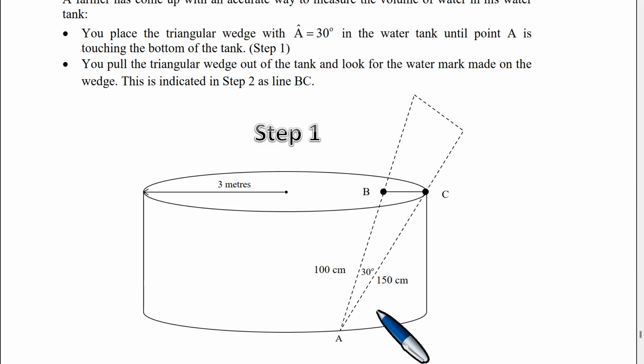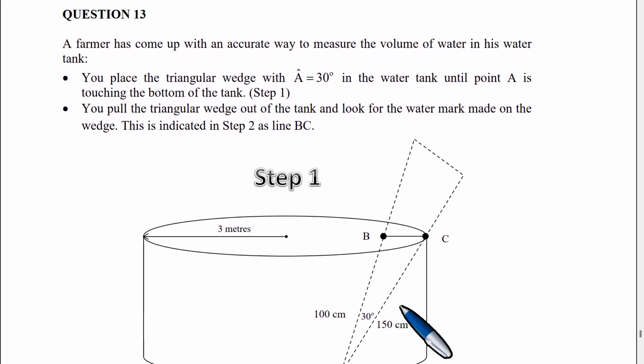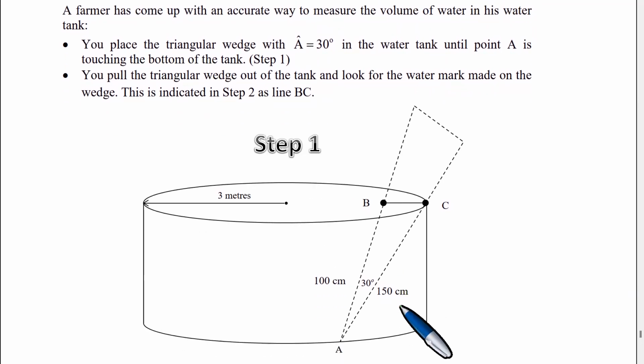Let me know, please, when you're done. If you need more information, I can show the bottom figure. Want to know the volume of water in this water tank. How much water is here with this method? Because you can see the water is reaching BC, because the watermark is at BC. But how much water is in the tank altogether?